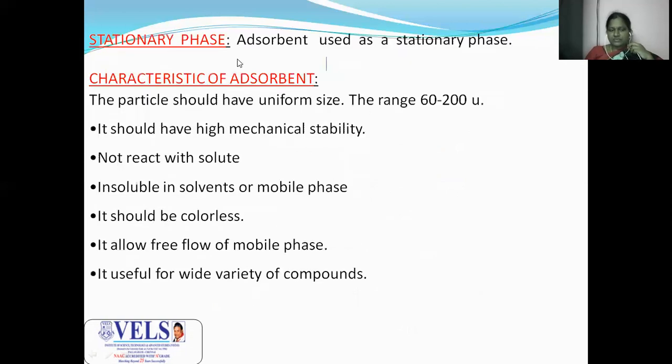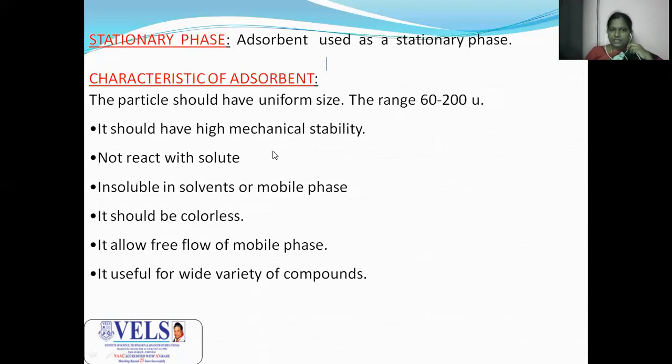For the stationary phase, an adsorbent is used. The adsorbent should have the following characteristics. The particles should have uniform size, in the range of 60 to 200 micrometers.